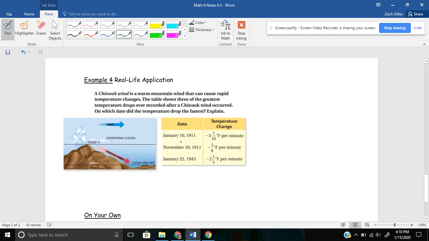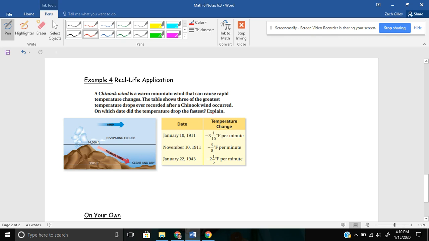Finishing up with the real life example, choose another color here. It says a Chinook wind is a warm mountain wind that can cause rapid temperature changes. The table shows 3 of the greatest temperature drops ever recorded after a Chinook wind occurred. On which date did the temperature drop the fastest, and explain?